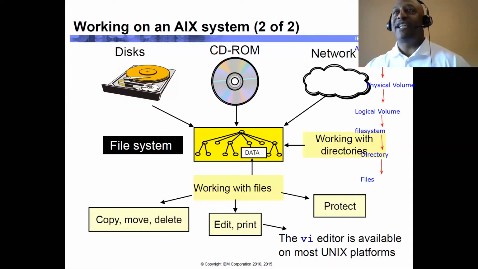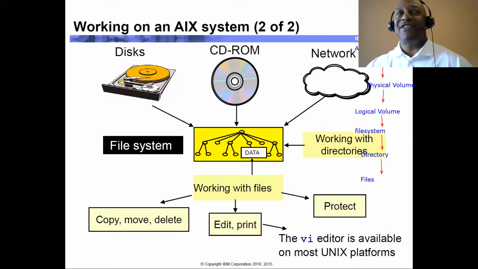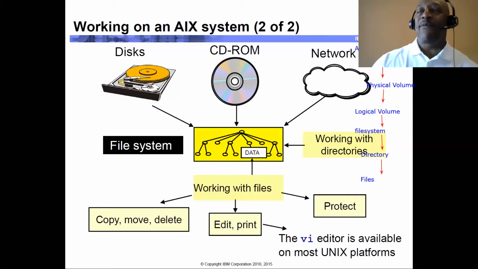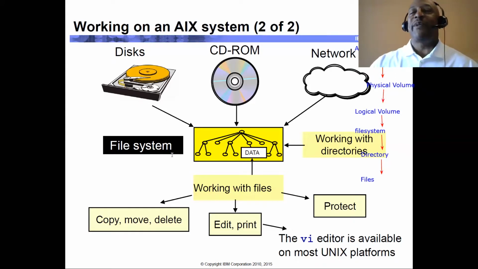All storage begins with the volume group, and a volume group is a collection of one or more physical volumes. Then the logical volume manager utilizes logical volumes to map to physical storage. Logical volumes can be used for different purposes; in our discussion here, we'll be using logical volumes to host a file system. Within a file system there are one or more directories, and within those directories there could be one or more files.